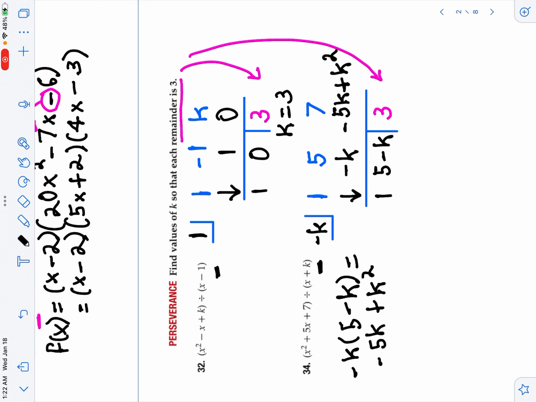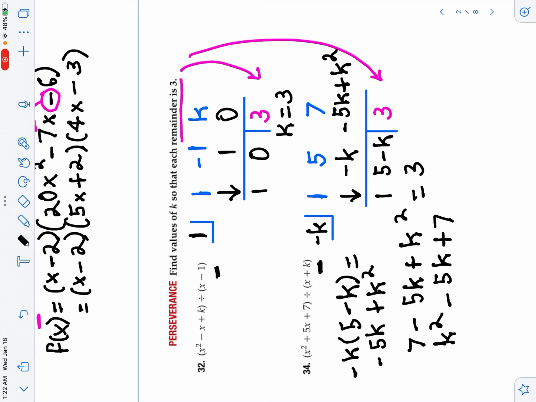And so what I know is 7 minus 5k plus k squared, I'm just adding the column, has to equal 3. So it looks like we have a quadratic, k squared minus 5k plus 7 equals 3.